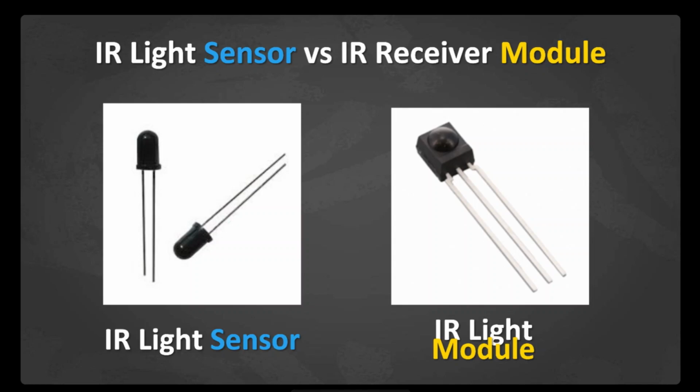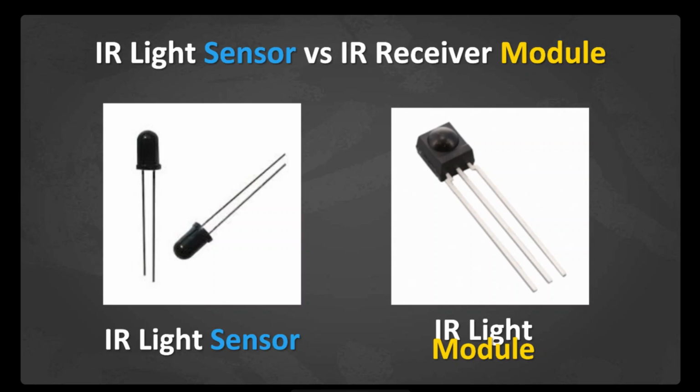So another thing, all of the modules that we saw in the previous slide had 3 pins. We didn't see a 2-pin version, kind of like the transmitter. The reason for that is the 2-pin versions are able to sense light, but they're not able to receive a signal.